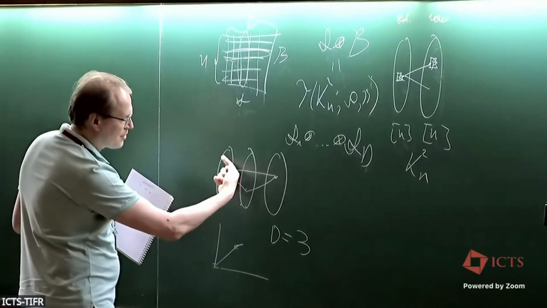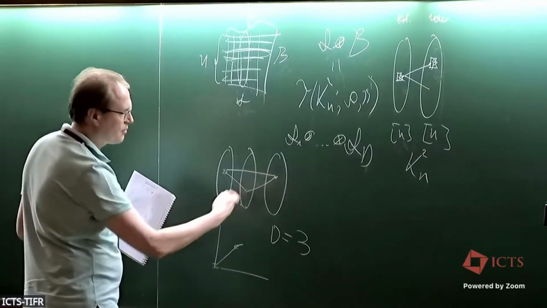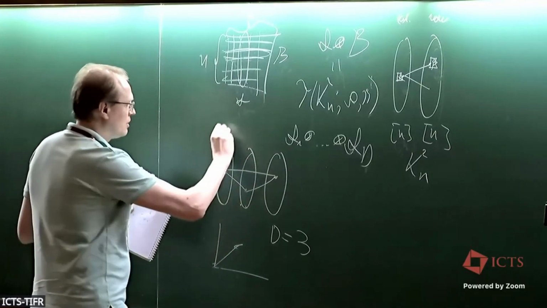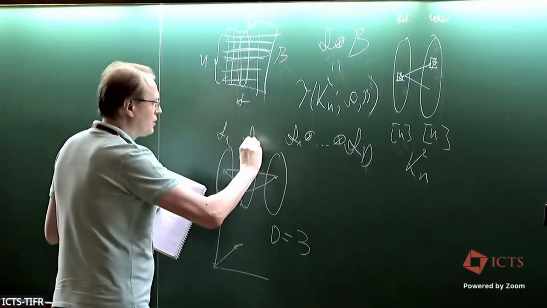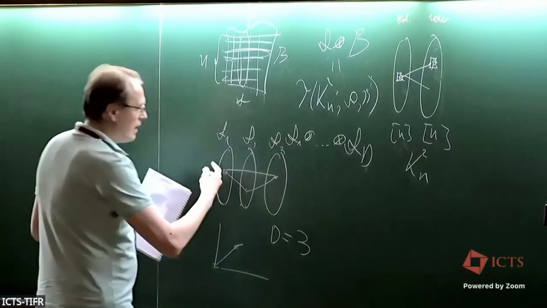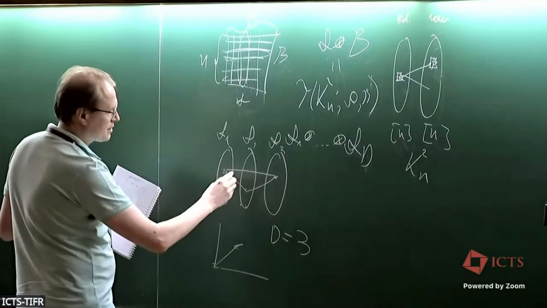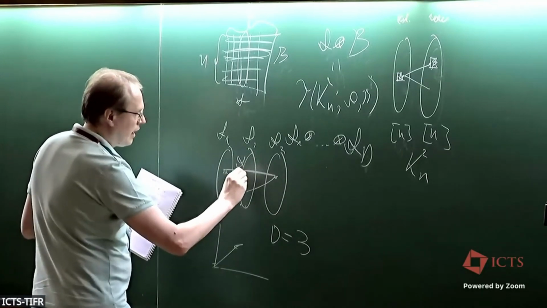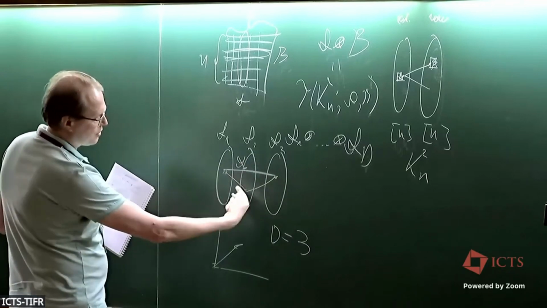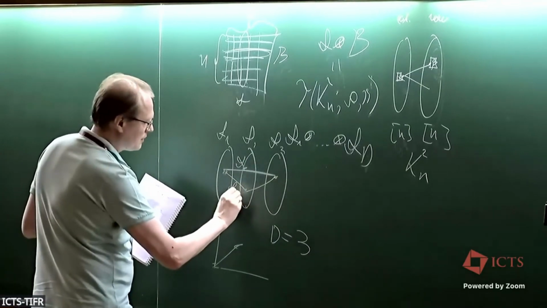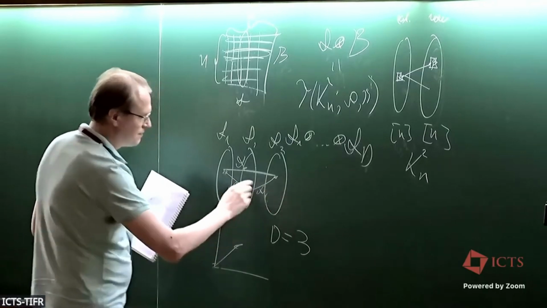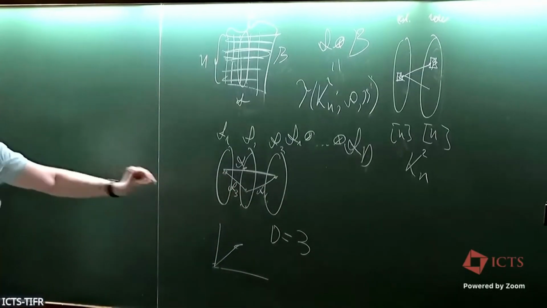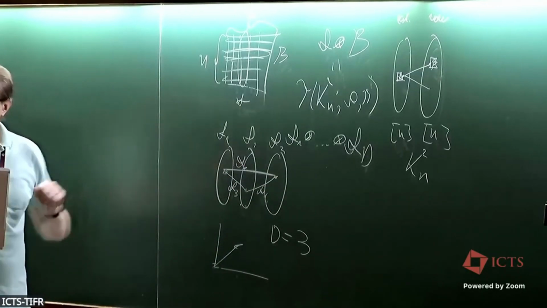For all edges that go from here to here, for example, let us assume we have codes A2 and A3, and to each such edge we assign the corresponding code: A2 for this, A3 for this, and here A1. So on each edge, we assign a local code.